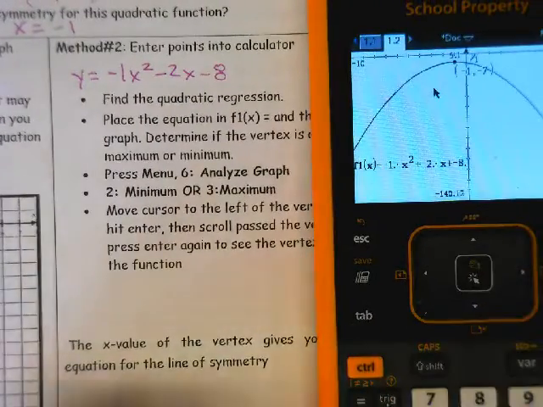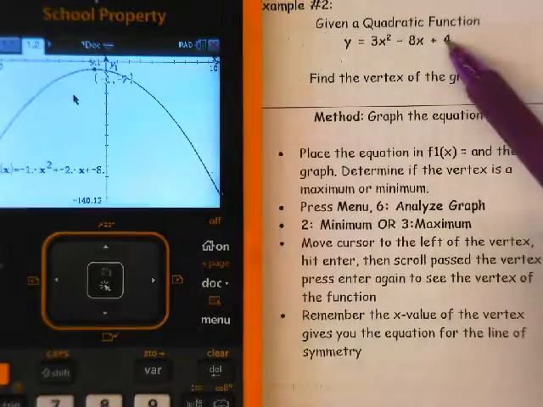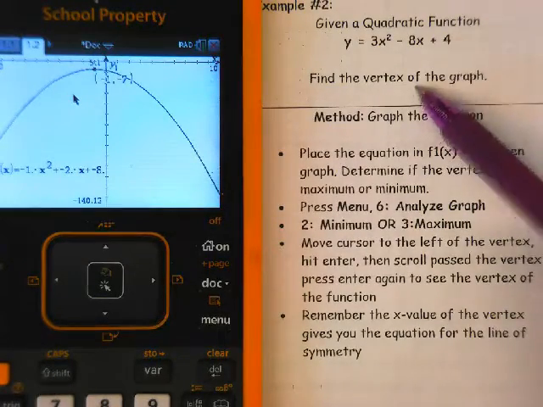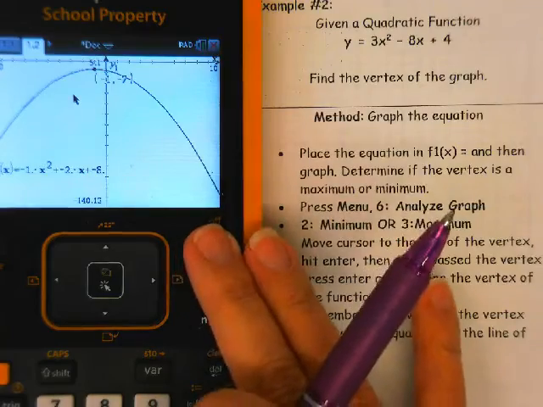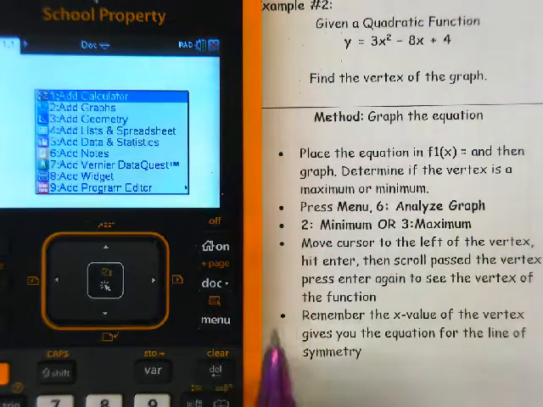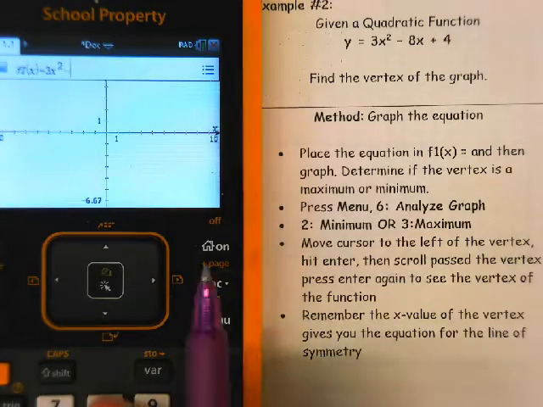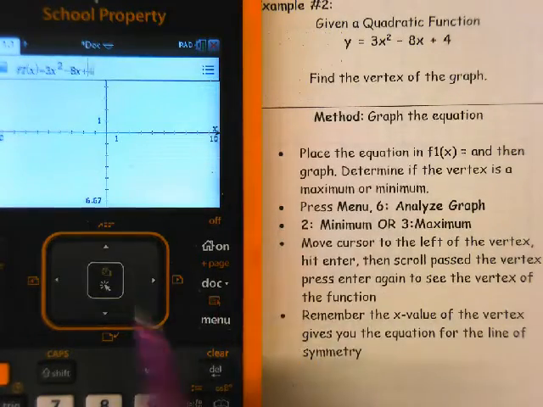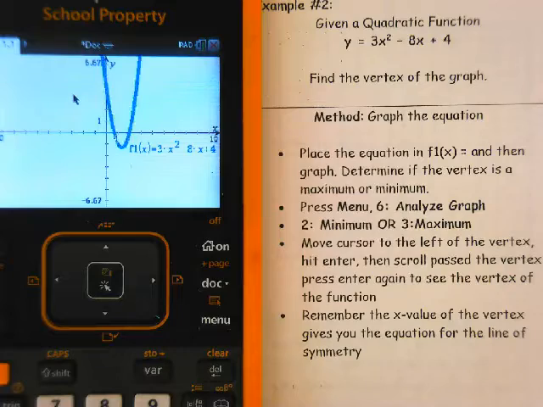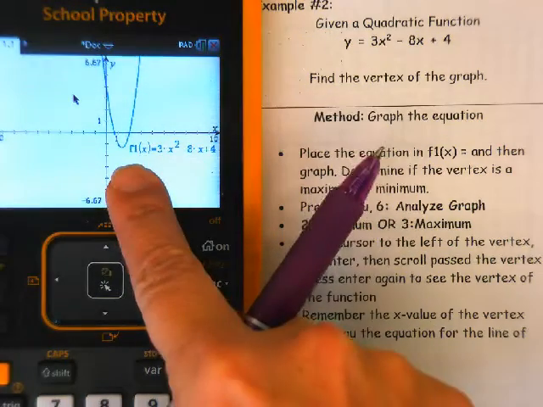Okay? All right, so this last one, I've given you a quadratic and I'm asking you the vertex. So we're going to just start a new document, choose number 2, you're going to type in your equation, 3x squared minus 8x plus 4. Everybody should be typing this in. So again, if we're looking for a vertex, is this a min or a max vertex?